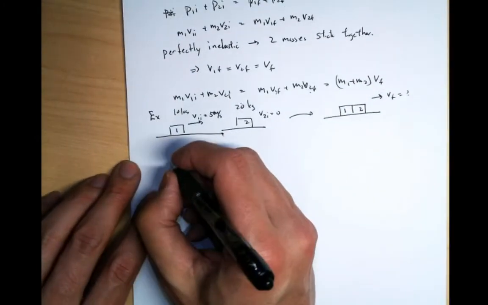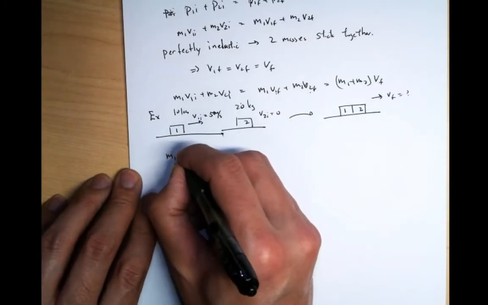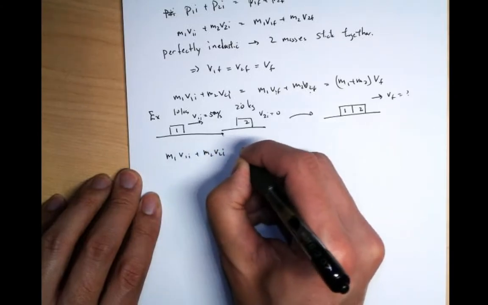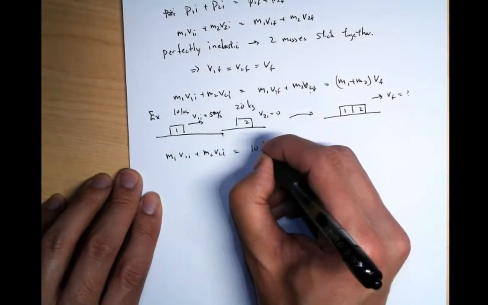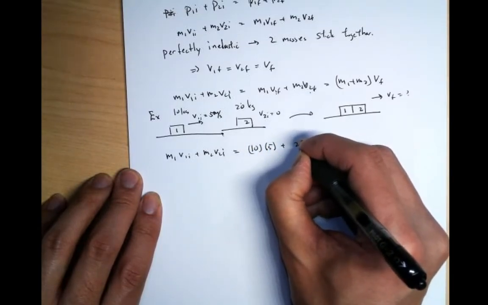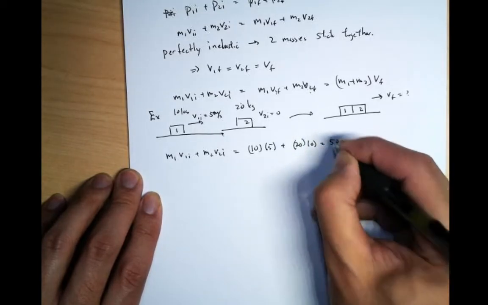Okay, so what that implies is that m1 v1 initial plus m2 v2 initial, that's just 10 times 5 plus 20 times 0, is equal to 50.